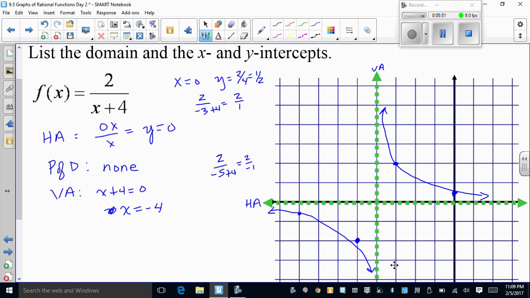Now, yours will look a lot nicer. All you need is those 2 good points in there and graph it. Now, if I was to list the domain, it would be all real numbers except for negative 4. And the range would be all real numbers except y cannot be 0. Okay, let's try another one.